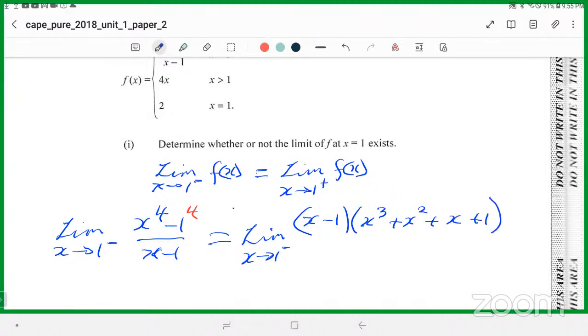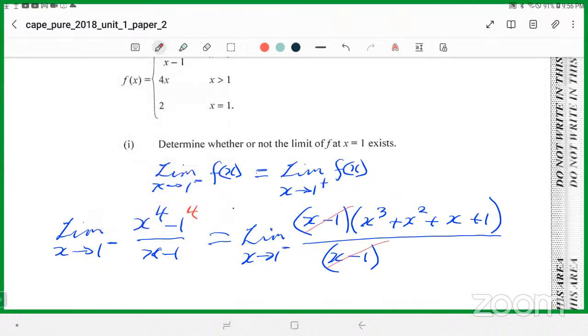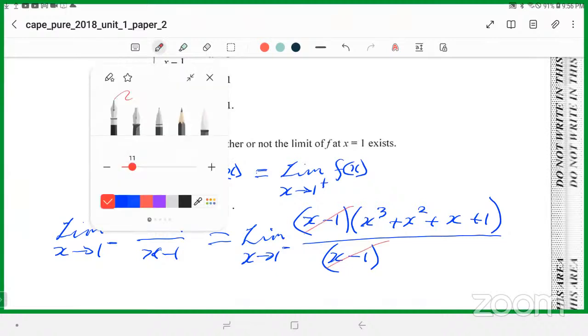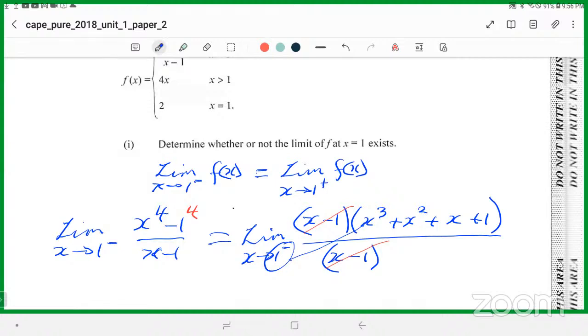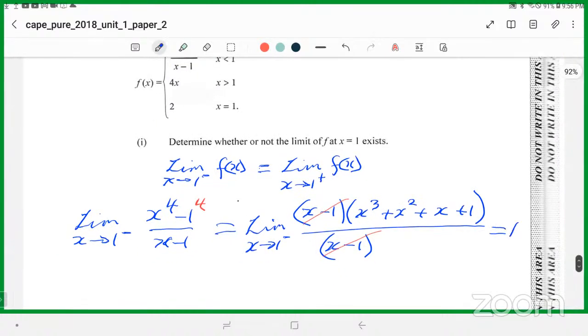That's because this is a 1, so all the powers of 1 are going to be 1 anyway, divided by x minus 1. So these x minus 1s cancel each other. Then you can apply x equals 1 everywhere else, here and there and there and there. So it's going to work out to be 4, obviously. So this is equal to 4.